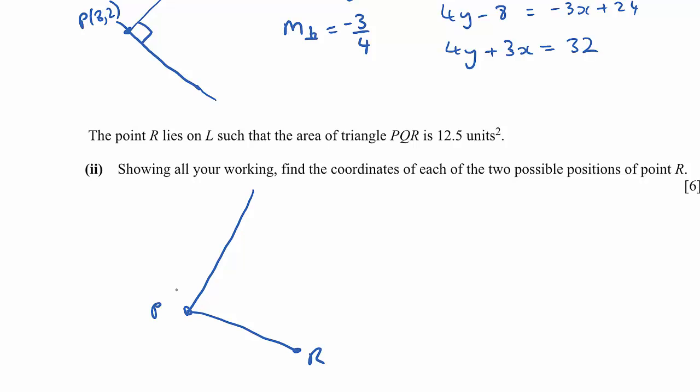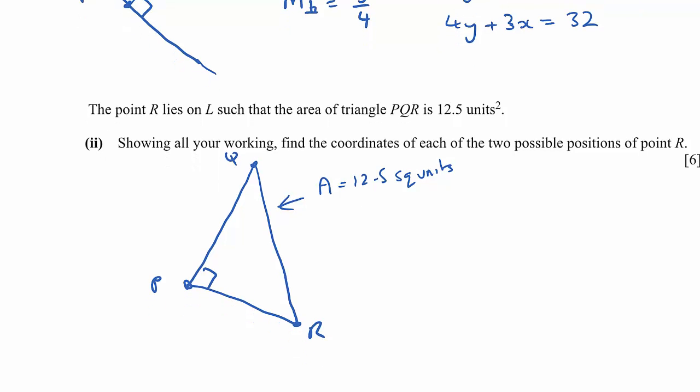This is our P. This is our Q. And we know this is a right angled triangle. And we're being told that the area of that triangle is 12.5 square units. So we want to find each of the two possible positions of R. So it could be there where I've drawn it, or it could be over there.